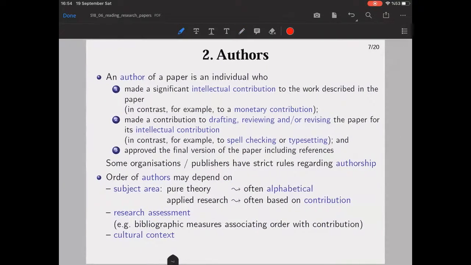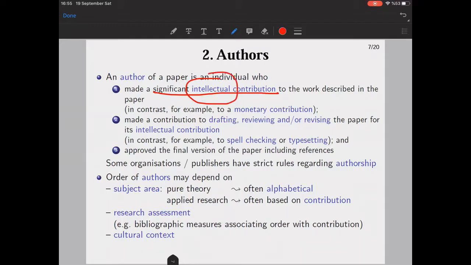And about the authors. An author of a paper is an individual, be careful, who made a significant intellectual contribution to the work described in the paper. Look, we're talking about intellectual contribution, not monetary contribution, for example.